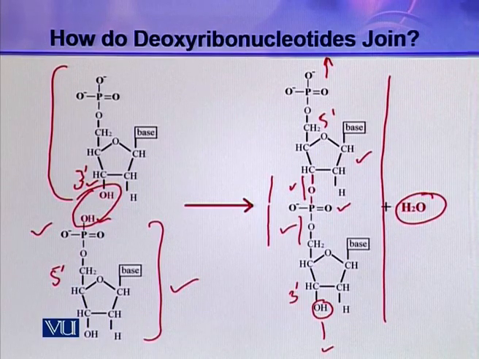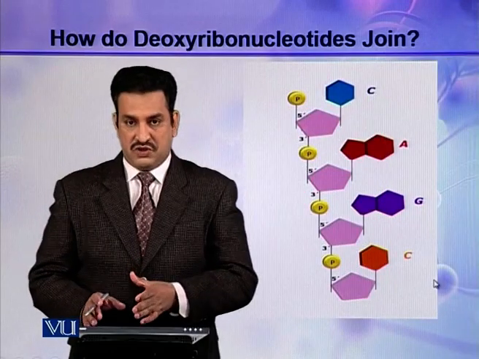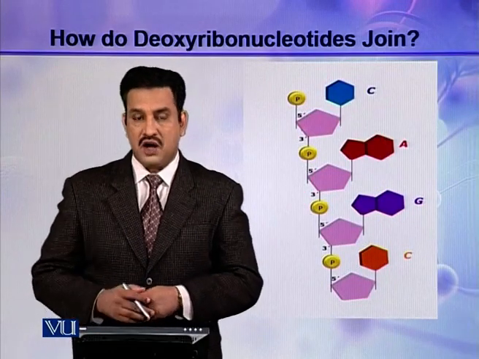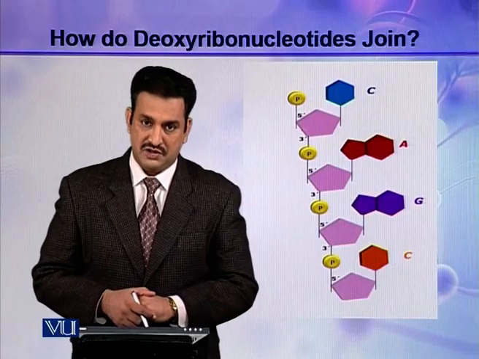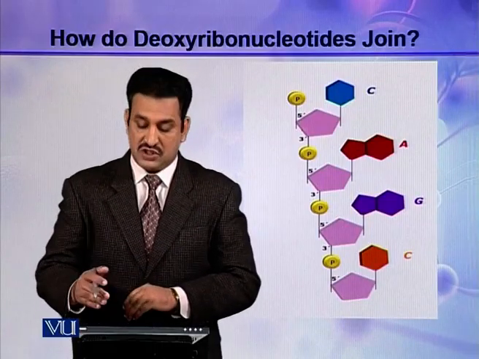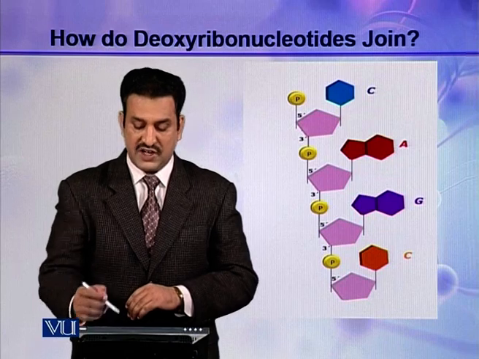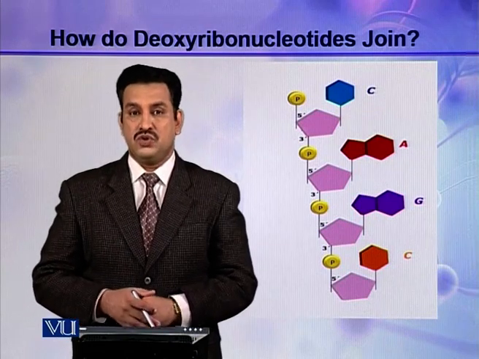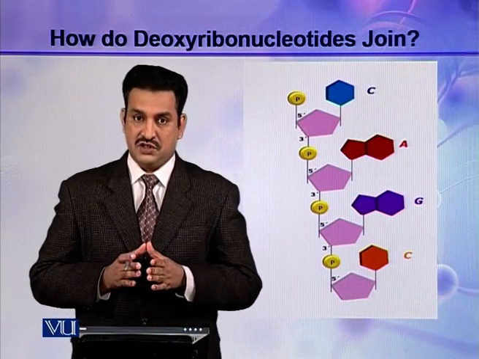In this way, this chain grows and makes a polynucleotide chain. So look at this picture. This is a polynucleotide chain, and in this picture, the nucleotides are linked together through phosphodiester linkages.